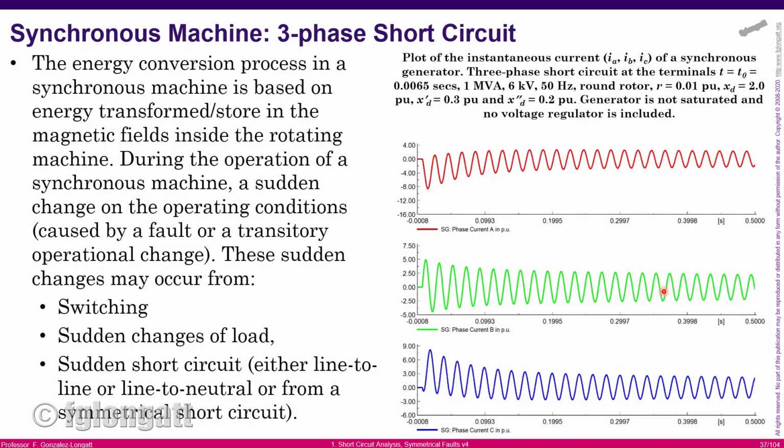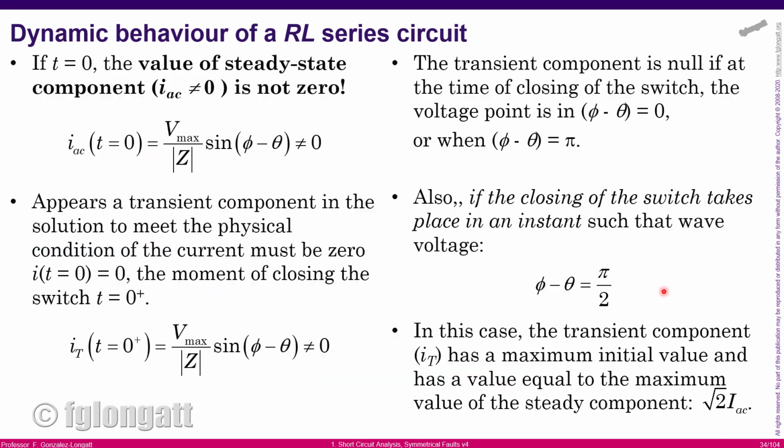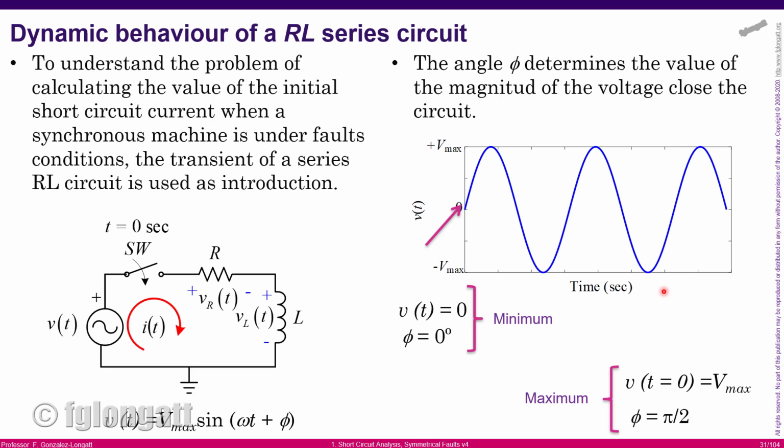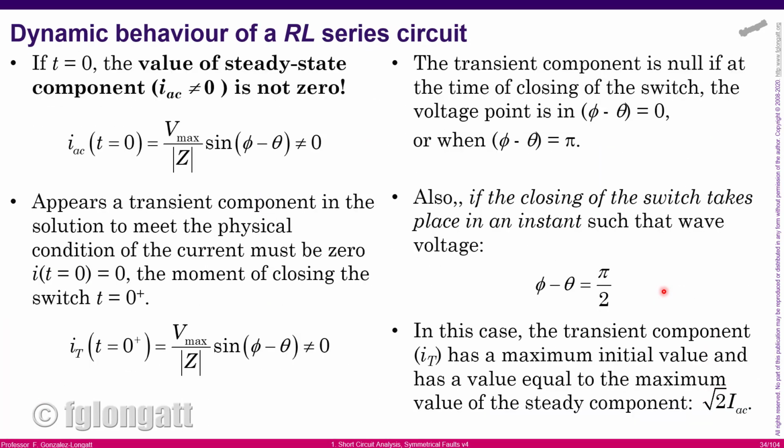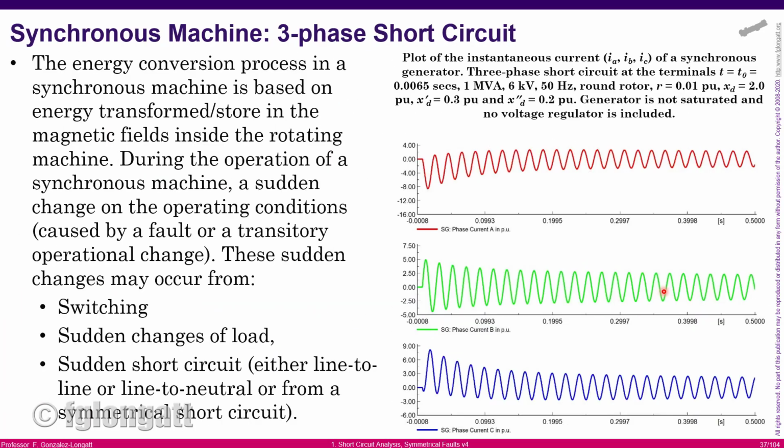Okay. Now, what is the situation? Well, I need you to understand that the situation in a three-phase synchronous machine is very, very different compared with an RL circuit. Why are they different? First, the analysis that we ran before was for a single voltage source, and when you are working with a three-phase synchronous machine, you have, of course, three voltages, and they are 120 degrees apart.